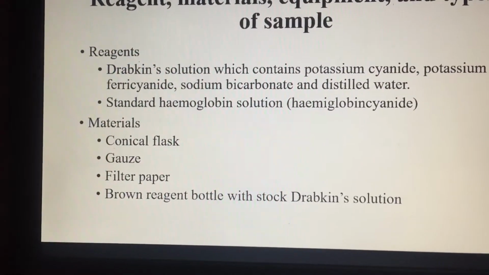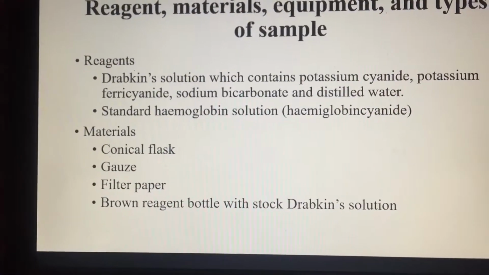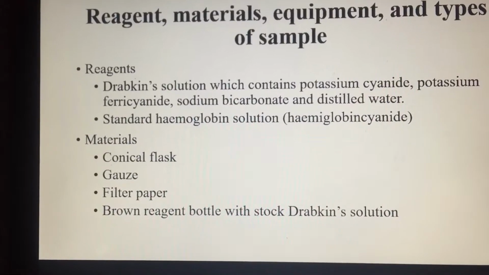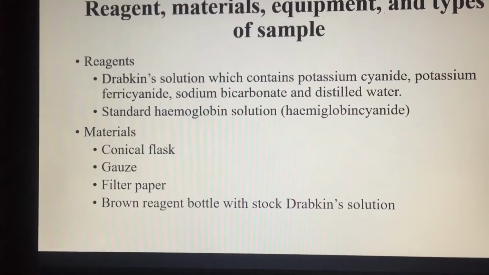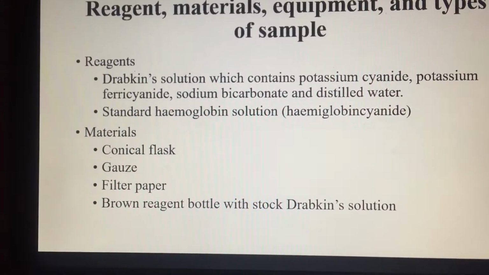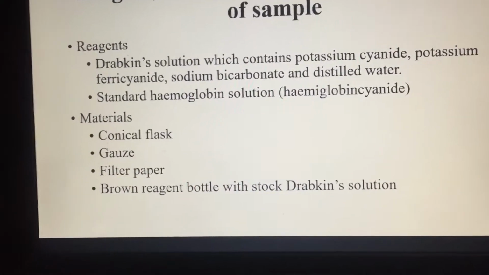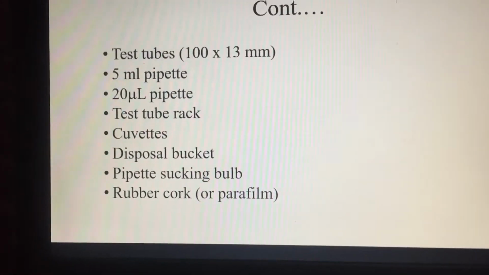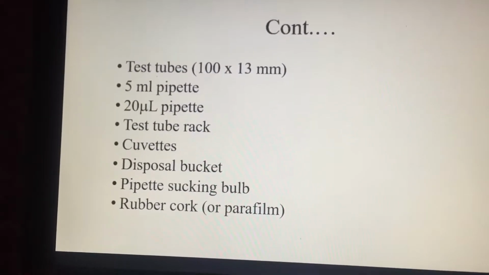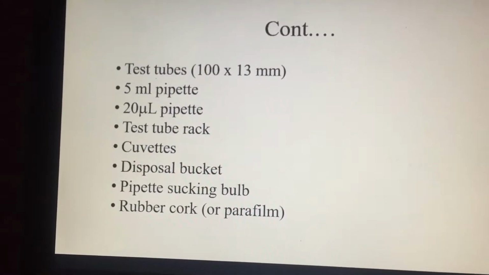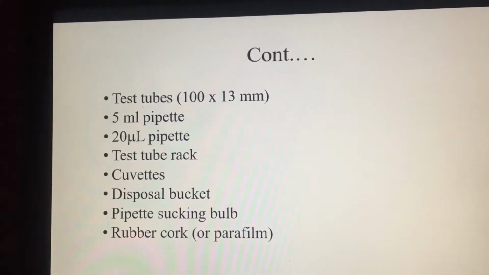Also we have materials. In materials we have a conical flask, gauze, filter paper, and a brown reagent bottle which is used to store stock Drabkin solution. Also we have test tubes, a 5 mL pipette, and a 20 microliter pipette for the purpose of aspirating or sucking the fluid.